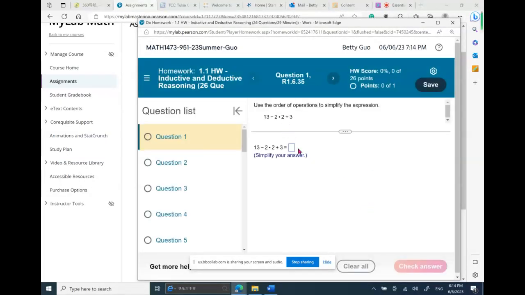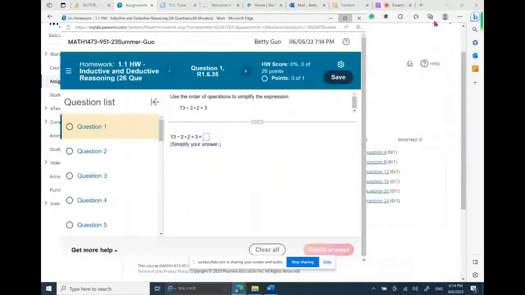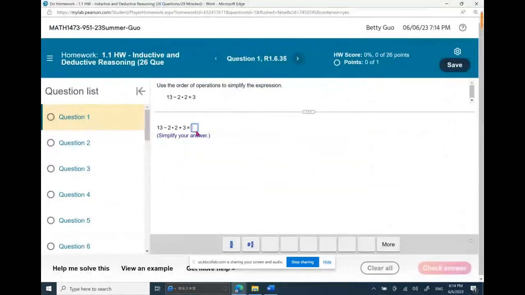Okay, so this is about the order of operations, right? Would you like to help me process this question? I'll give you 1 minute and let me know what you have. Use the order of operations to simplify the expression. Yesterday, we had 3 rules about the correct order of operations.